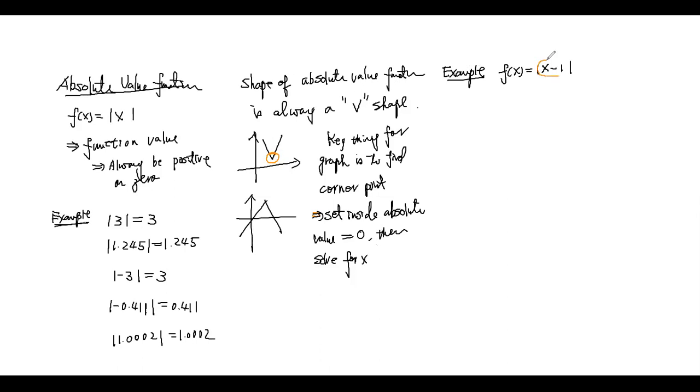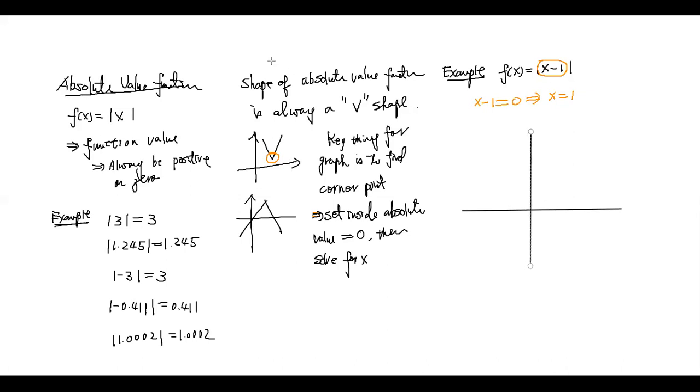The way we solve for that is to set whatever is inside equal to 0. So x minus 1 equals 0. Now what is x? x equals 1. Now let's try to graph this one.